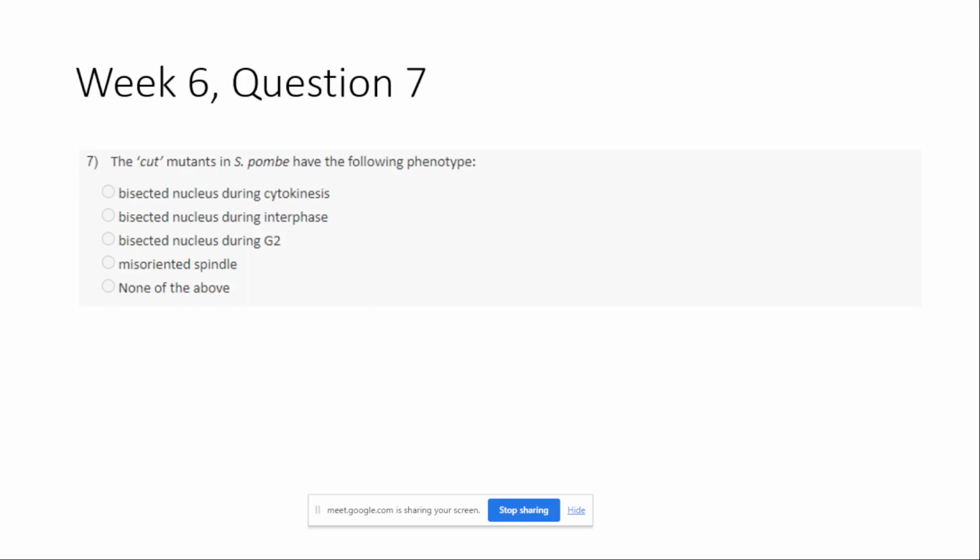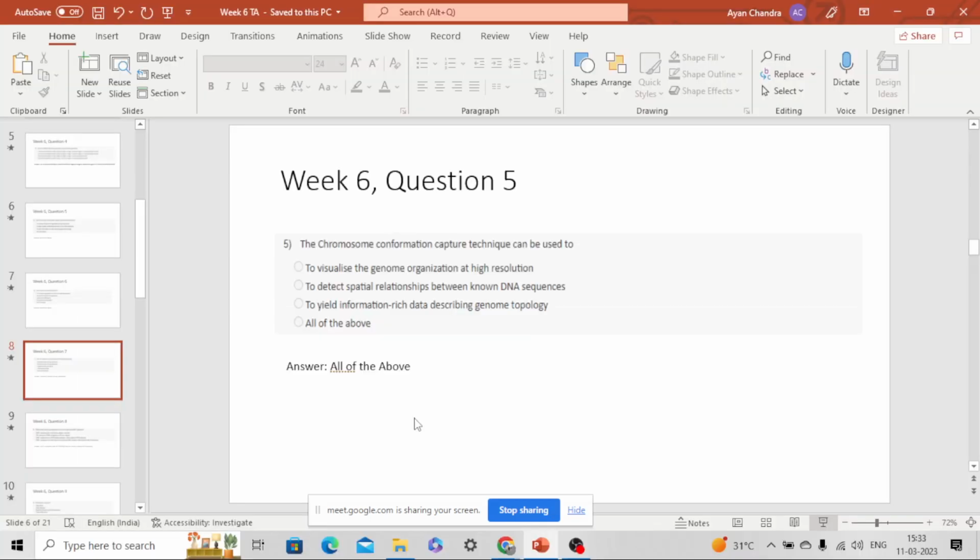So, which of the phenotypes can be the phenotype of this cut mutant? Bisected nucleus during cytokinesis, or bisected nucleus during interphase, or during G2? Any idea?